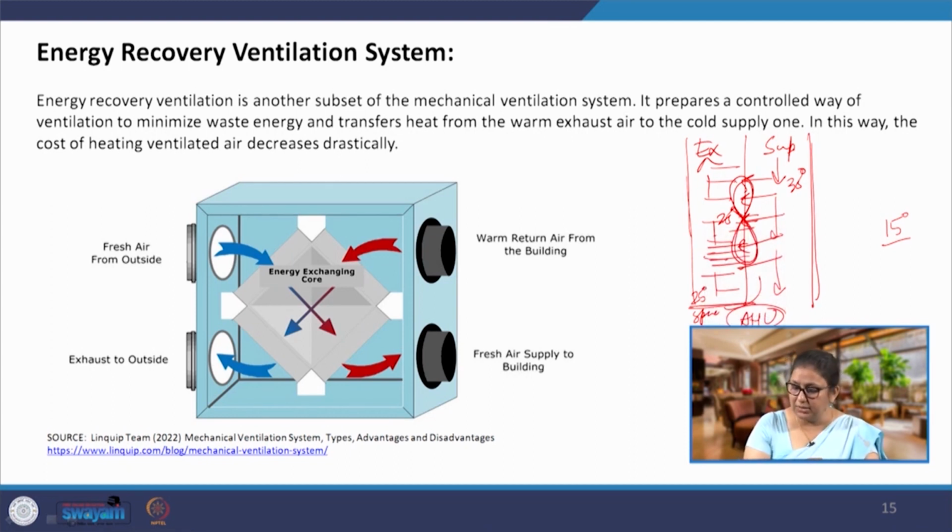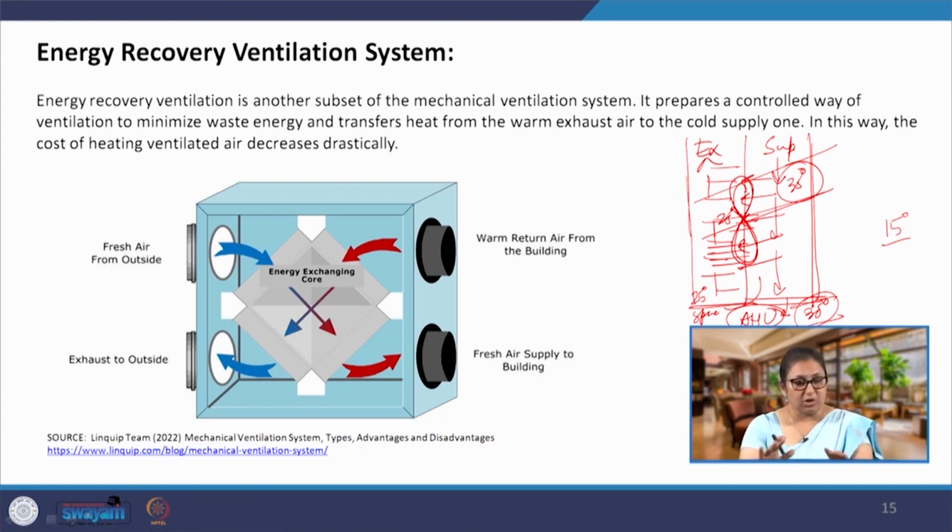And by the time this air at 35 degrees, the outdoor air, is supplied into the AHU, it is already say 30 degrees. If we are able to do a most efficient energy recovery, then this will be already pre-cooled by 5 degrees, thereby saving a lot of energy to the HVAC system. So, such mechanical systems are available which should be used when we are going for mechanical ventilation in addition to the natural ventilation.